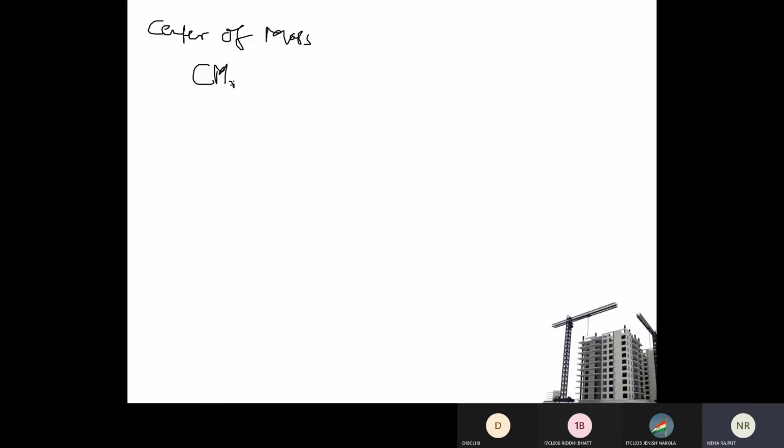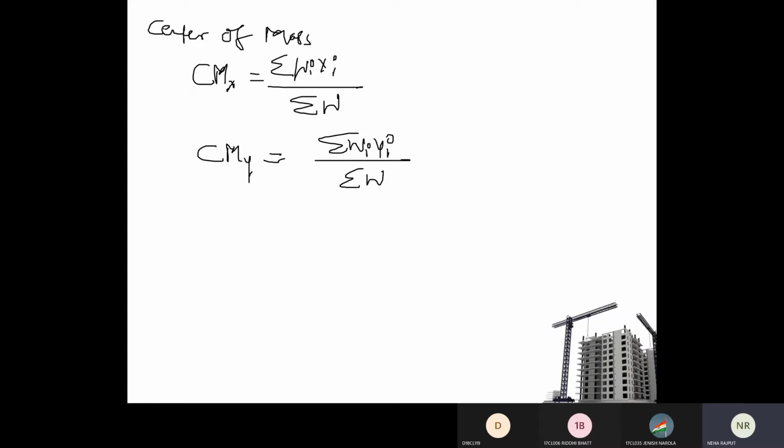If it is in x direction, then that will be summation of Wixi upon summation W. And center of mass in y direction, summation Wiyi upon summation W. Right. So this way you can find the center of mass. Right. Is there any doubt till this?